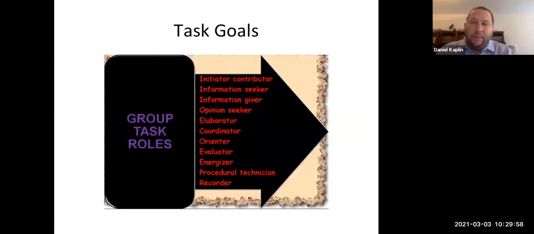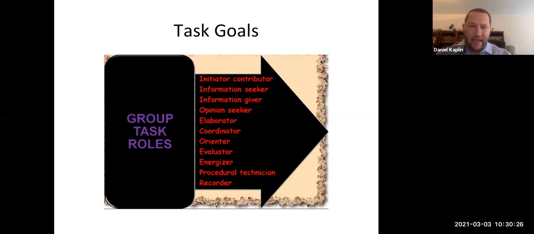So when we talk about the group task, there are a whole host of group tasks, and a person can assume one of these roles within a group, but they can also assume more than one role. So they can be an initiator, contributor. So in that context, they might start a dialogue off.